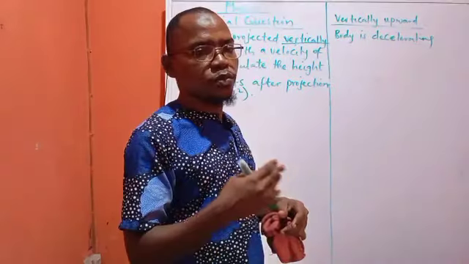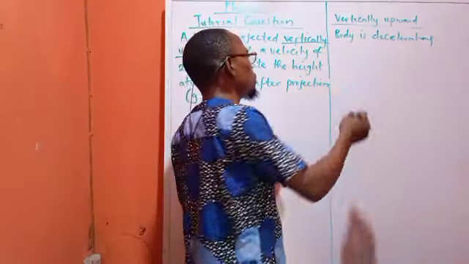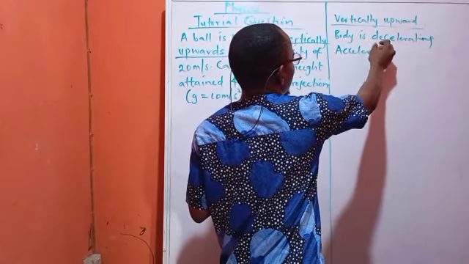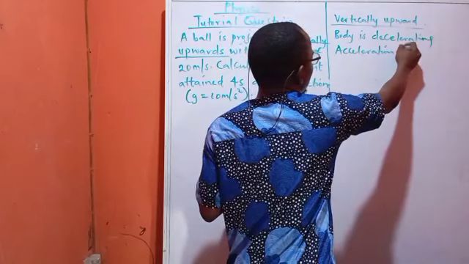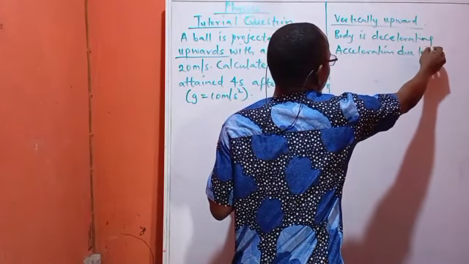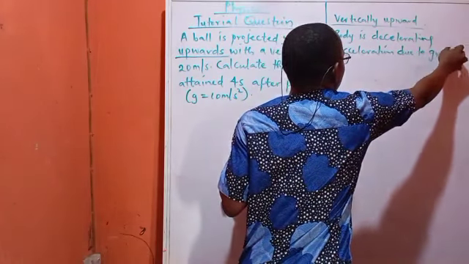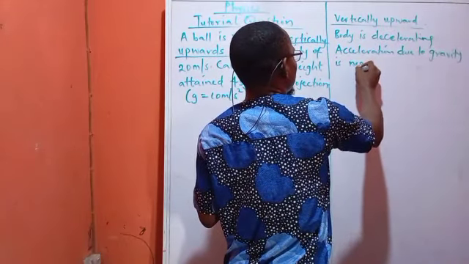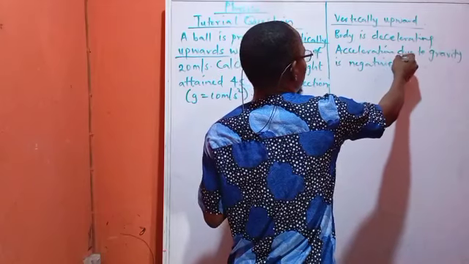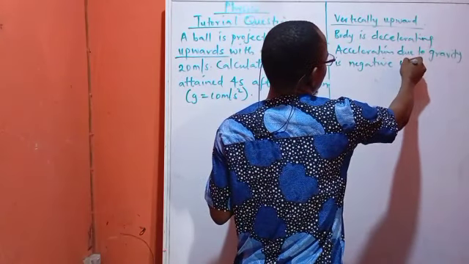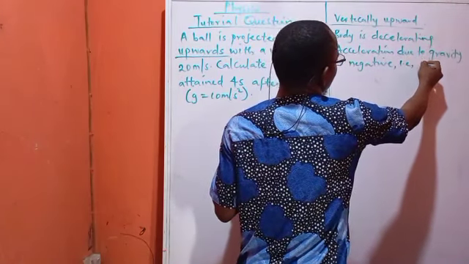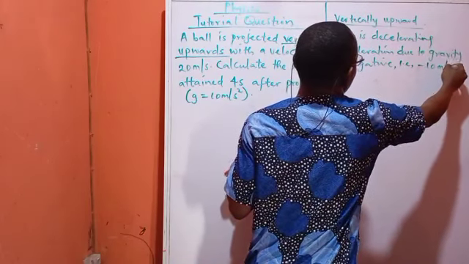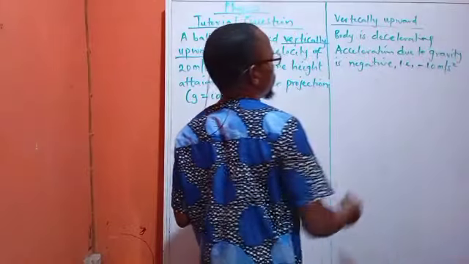And when such a body is decelerating, it means that the acceleration due to gravity is negative. So it will be minus 10 meters per second squared, as the case may be.